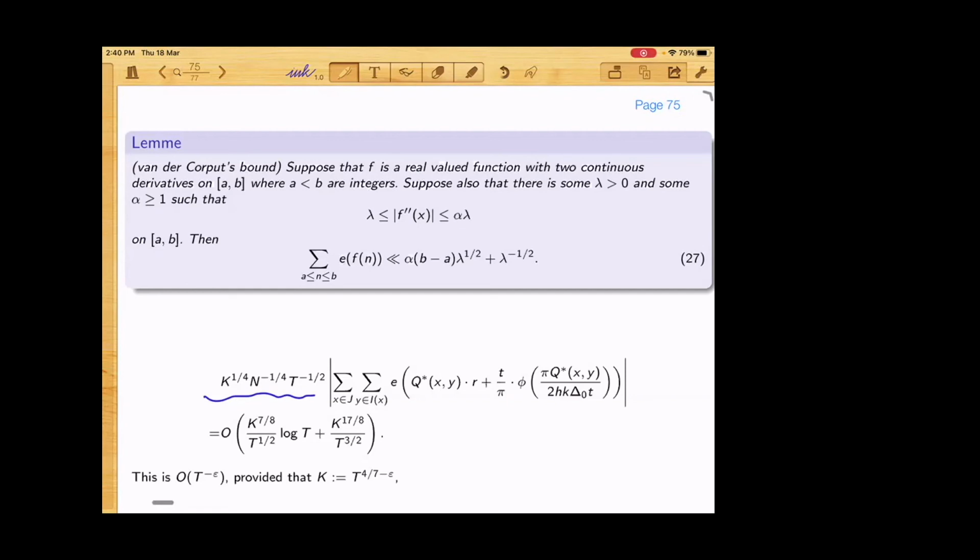So k is t to the power 4/7 means h is t to the power 3/7, because h times k is about t.